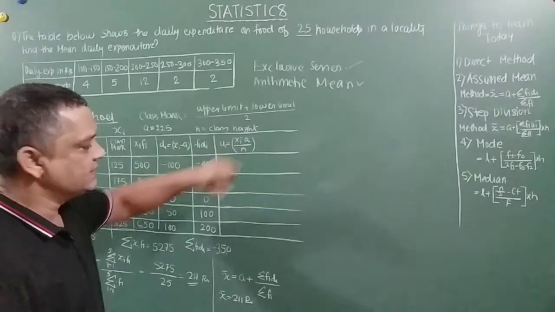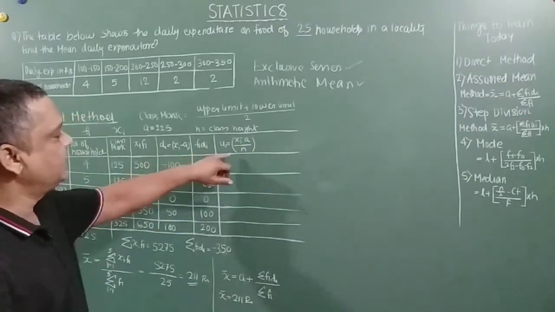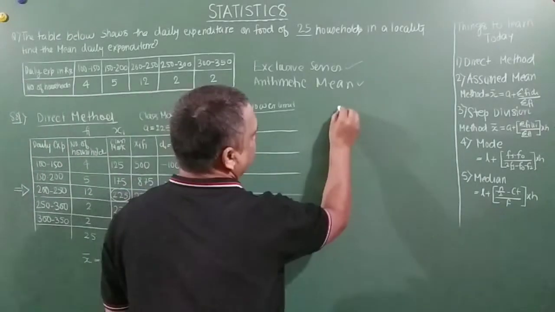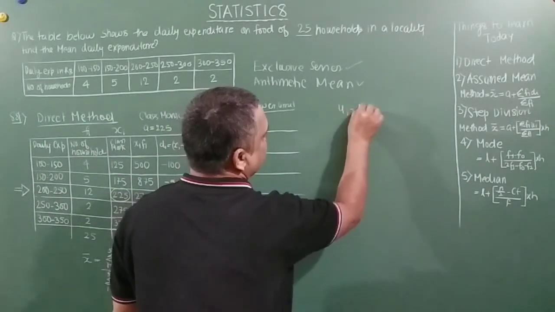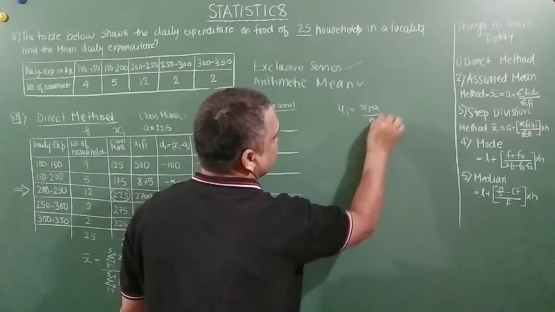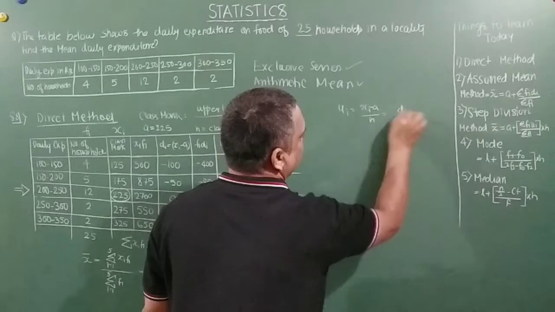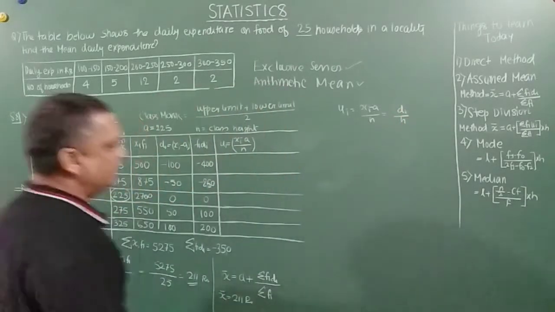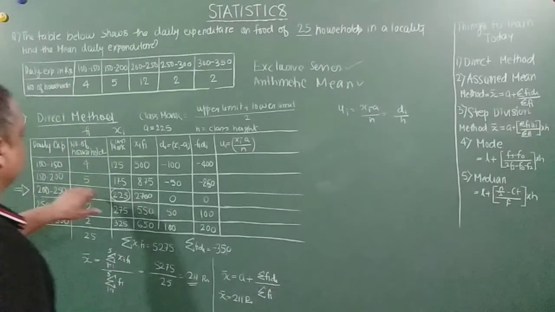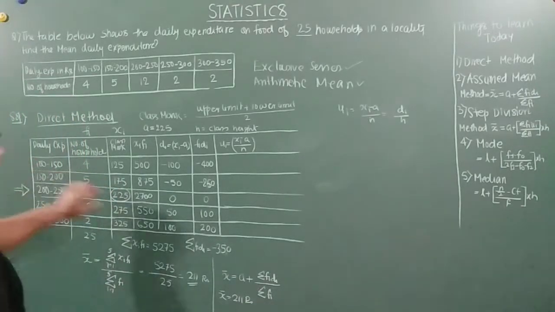So xi minus a, we can represent it by di divided by h. So ui is equal to xi minus a divided by h, or is equal to di divided by h. So you can do it straight away here. This divided by your h is the class height. Height is nothing but 50.